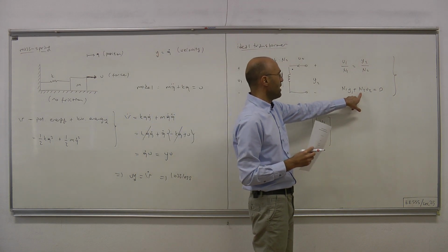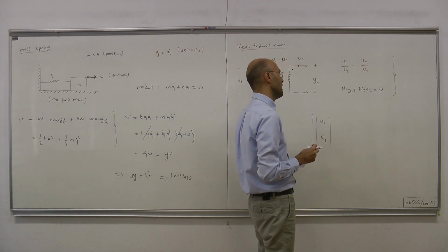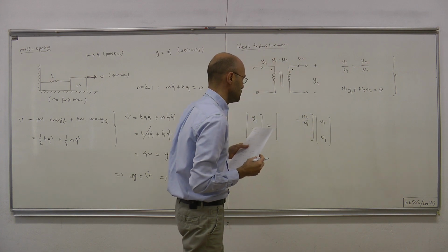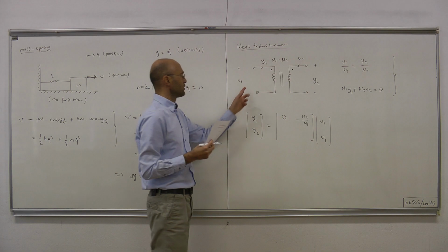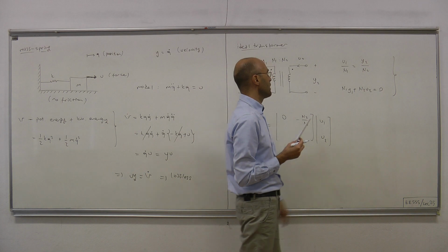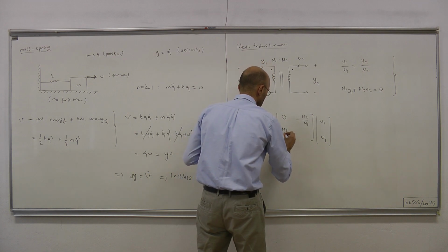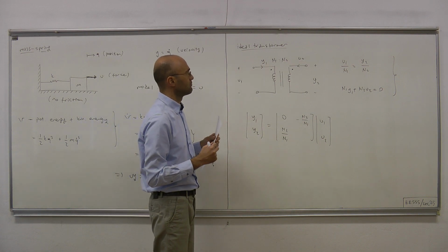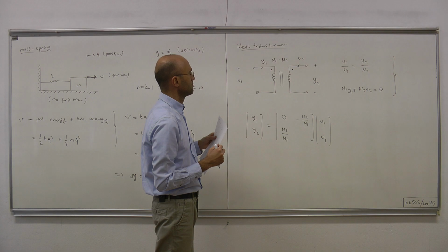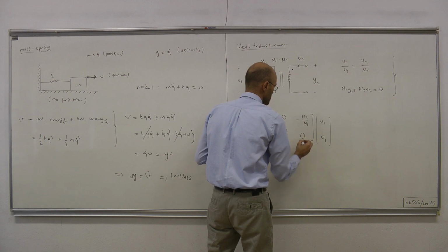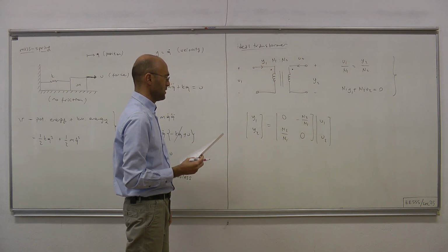Y1 is minus N2 over N1 times U2. And it doesn't depend on voltage here, therefore that entry is 0. As for Y2, Y2 equals N2 over N1 times U1. It doesn't depend on U2, therefore this entry is 0.